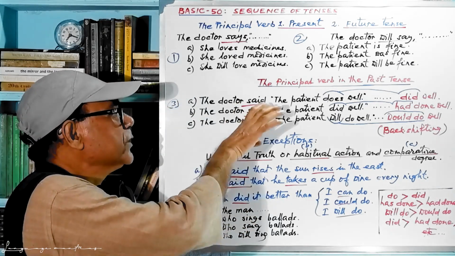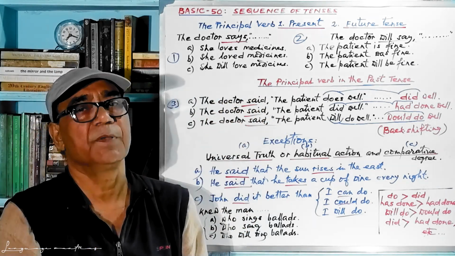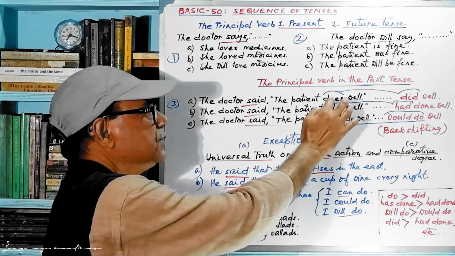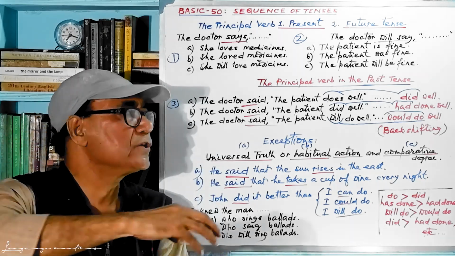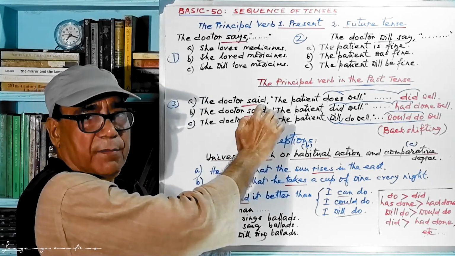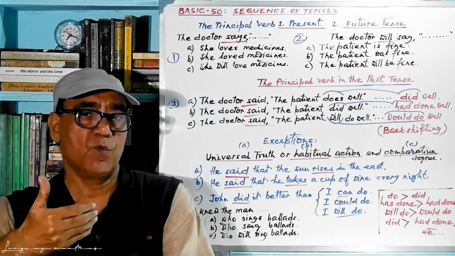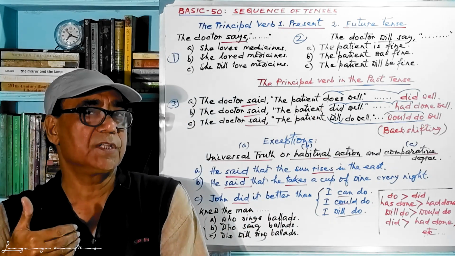It is under the influence of this said verb. Because this is in the past tense, this does verb is under the influence of the verb say. It is in the past tense here. Therefore, it will step backwards, one step towards the past.